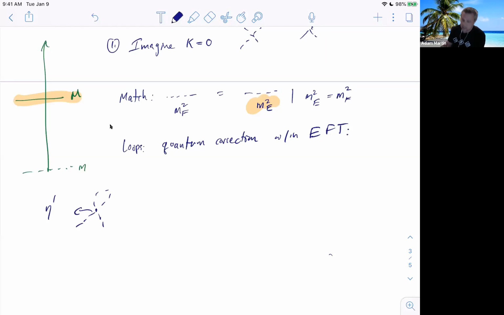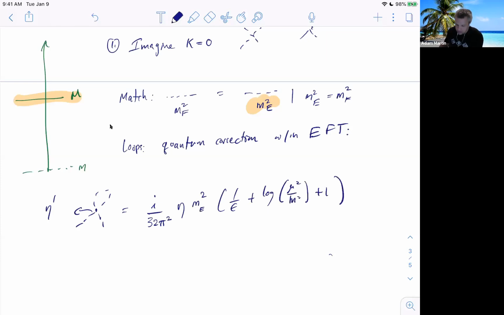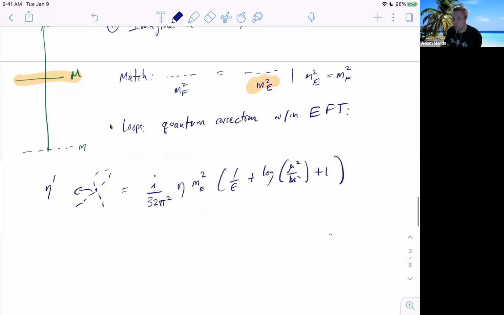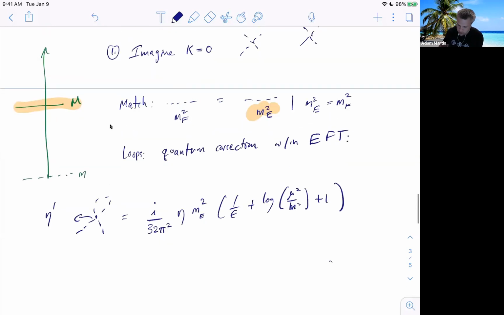If I go ahead and do this loop in dim reg, this is going to give me, well, it's divergent. Yeah, no kidding. But we're doing this in dim reg. We're all okay.